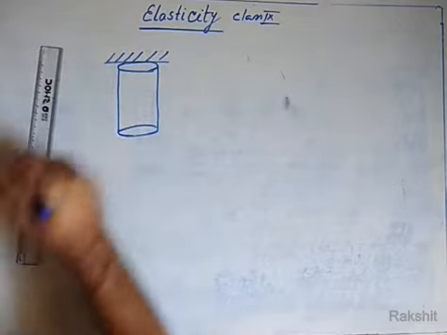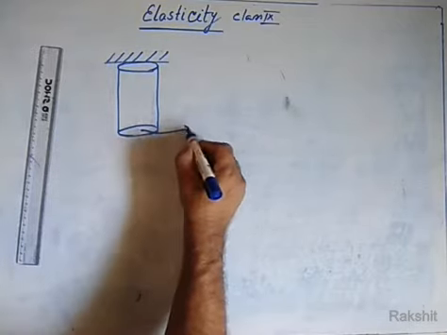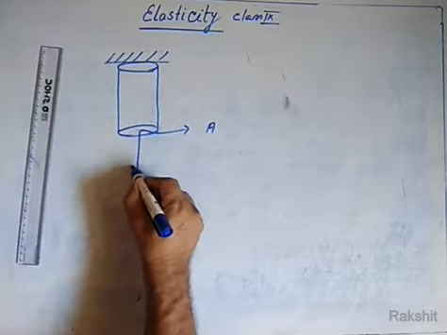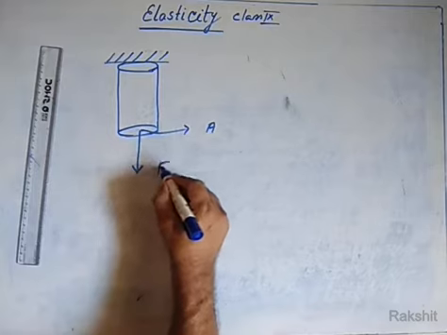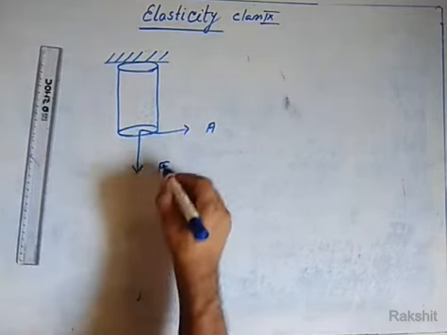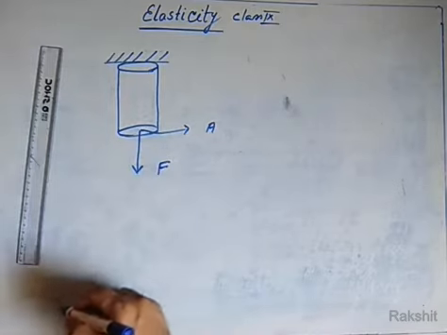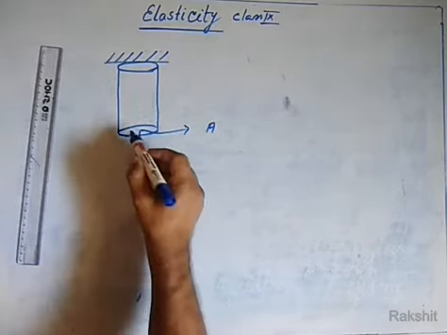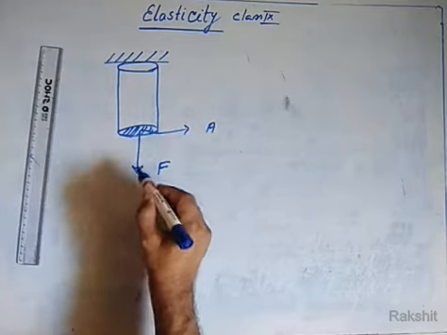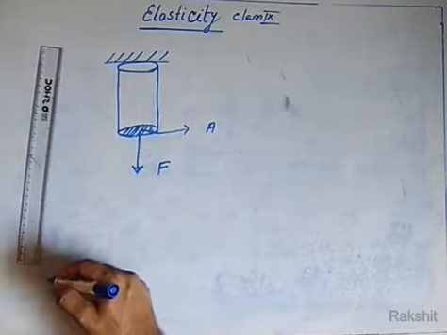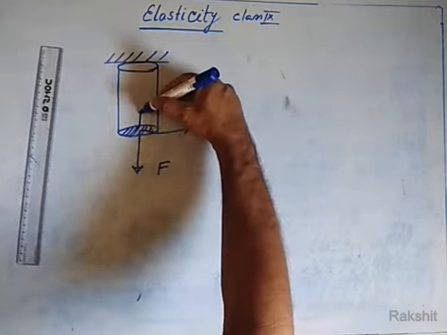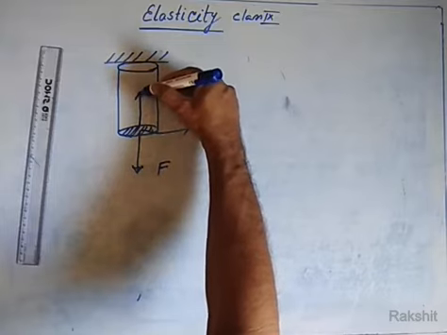The area of cross section of the rubber tube is equal to A, and the force applied to elongate it by you is equal to F. So when F force is applied on this body, according to Newton's third law, an equal but oppositely directed force will develop within the body.